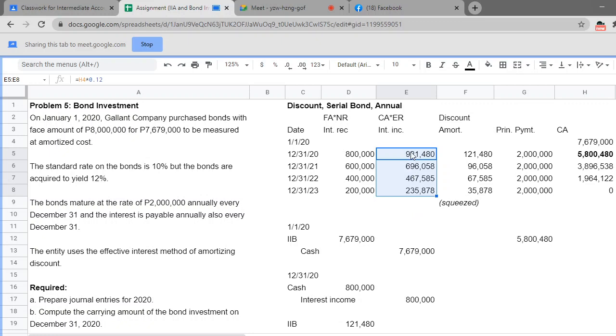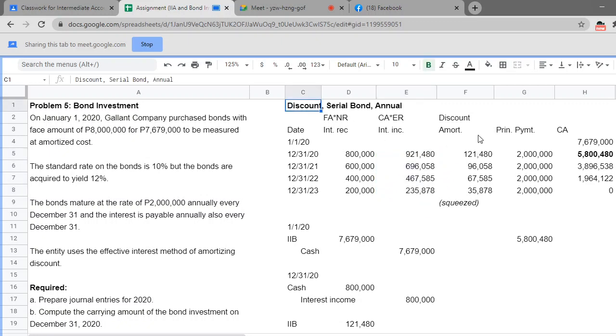Pababa. From 900, nanaog 600, nanaog 400, nanaog 200. Then, kung nag-prepare ka table of amortization and nahimo ng 900, 600, unya nisaka og 700, unya nanaog na pud 500, mali yan.